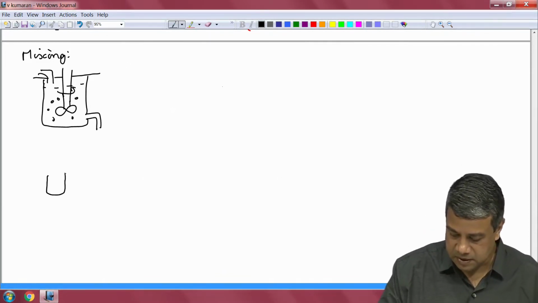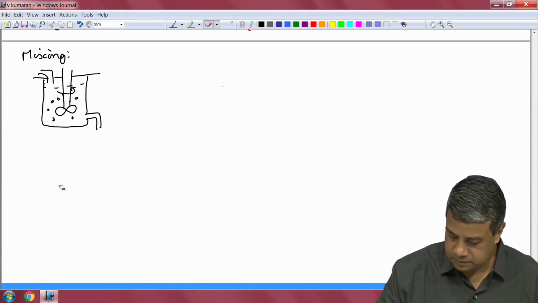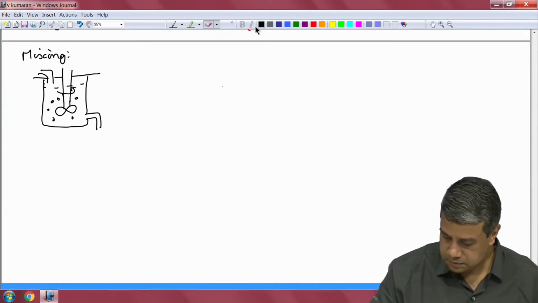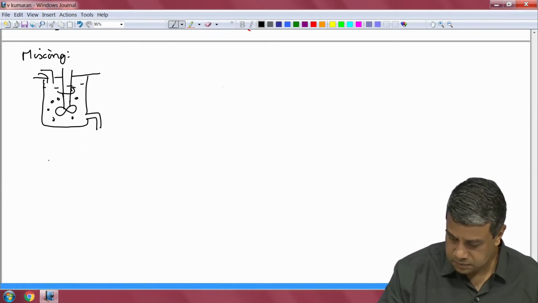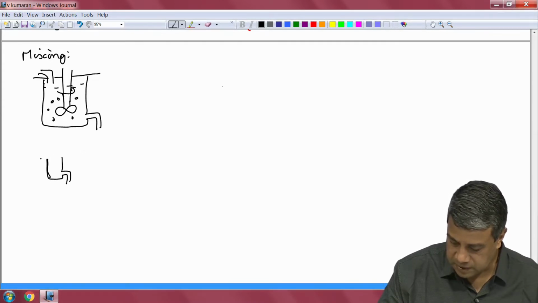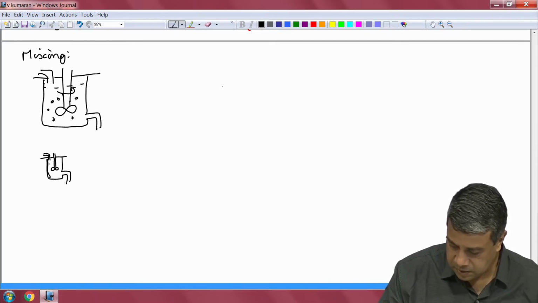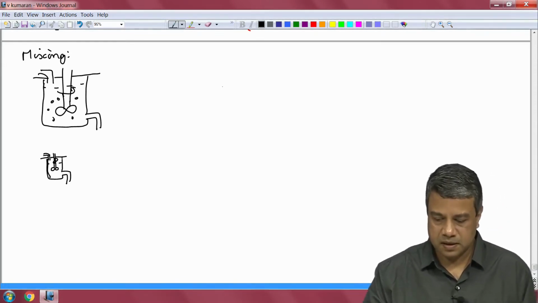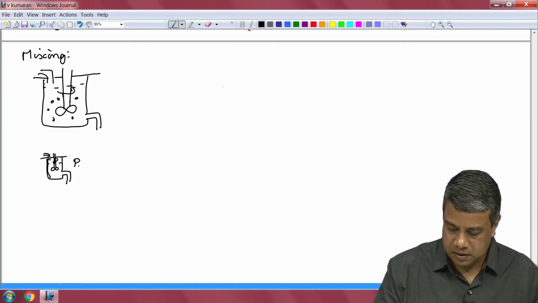So, if I made a smaller scale model of exactly the same shape, with an inlet and an impeller, which I was rotating in the scale model, and I calculated the power in this model here, how does that relate to the power in the actual tank?